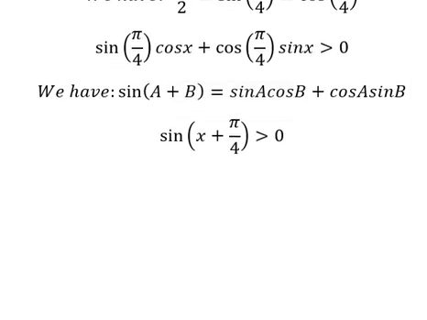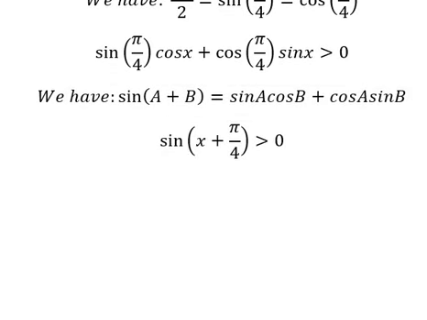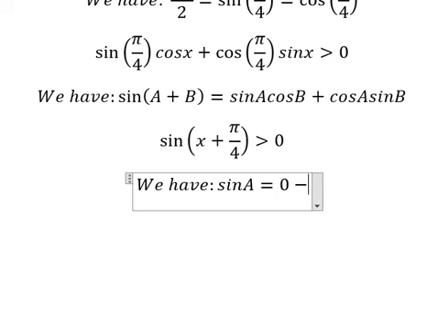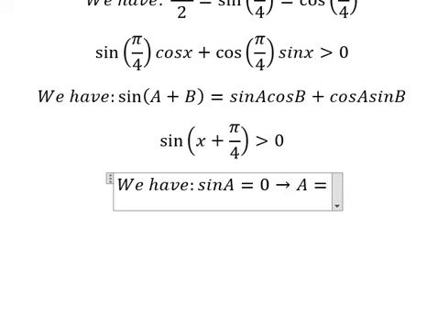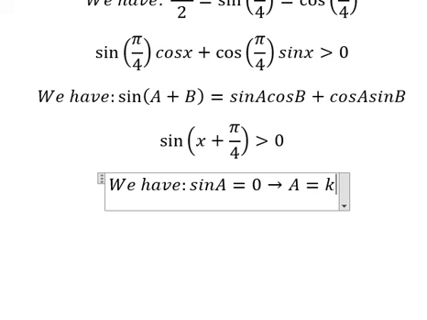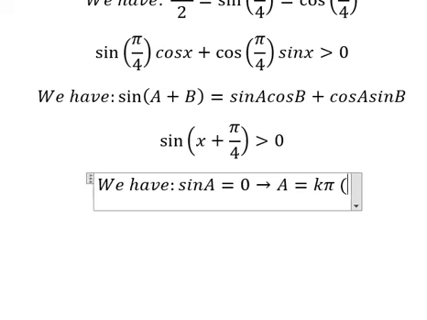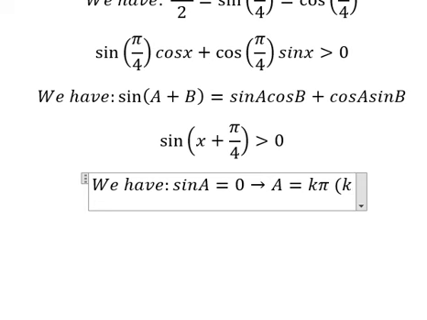So about this one, we have the formula in here. The first thing we need to put is sine a equal to number 0. So a equals kb, and k belongs to integers.